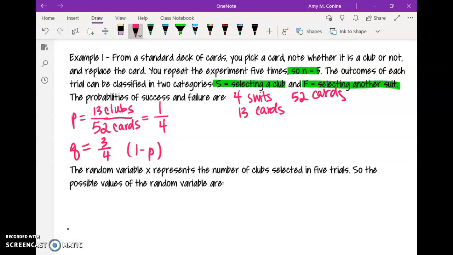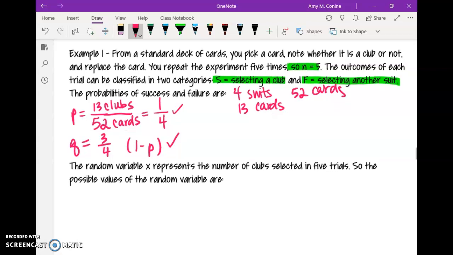So you've got the outcomes. Whatever you choose, you would mark them S, selecting a club, so success, and then failure would be selecting another suit. P and Q do the same thing and they go with our binomial distributions. So we can label them like this. The probability of success, the probability of failure.